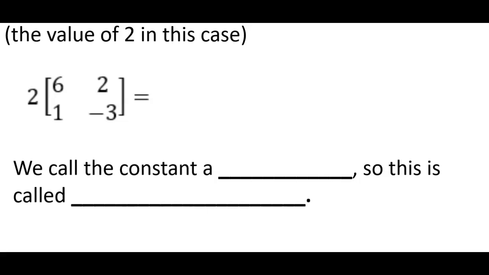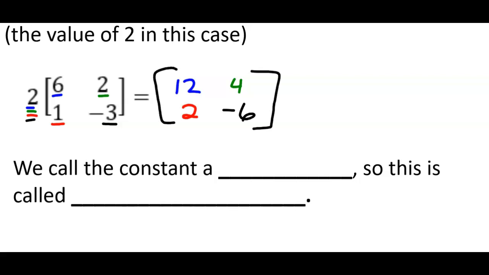So 2 times 6 is 12. 2 times 2 is 4. 2 times 1 is 2, right? 2 times negative 3 is negative 7. And that's my answer. This is called a scalar, and this is called scalar multiplication.